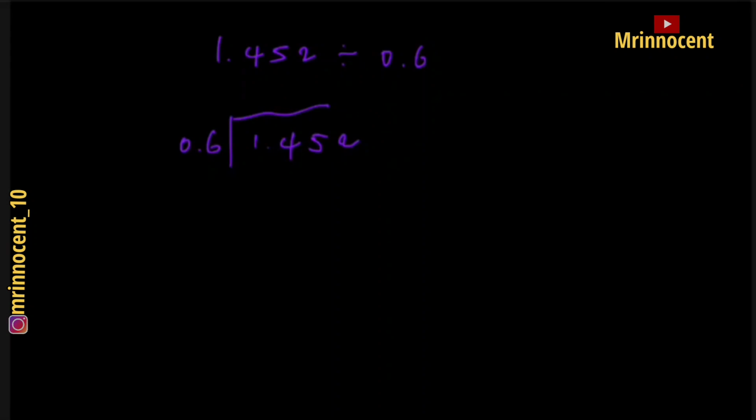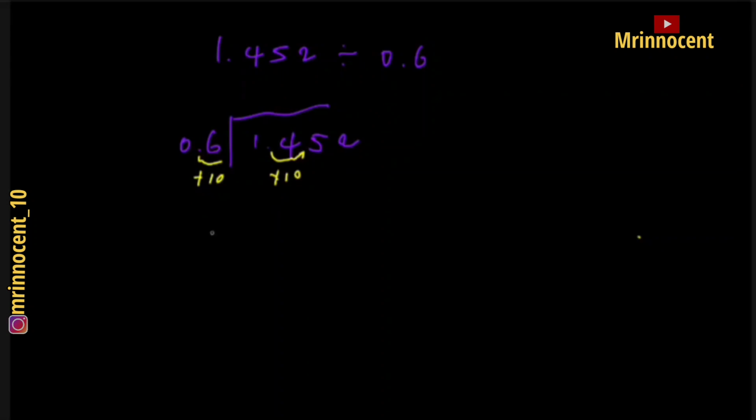You have to make your divisor a whole number. So you move it from left to right and multiply it by 10. So you move this one left to right, multiply it by 10.